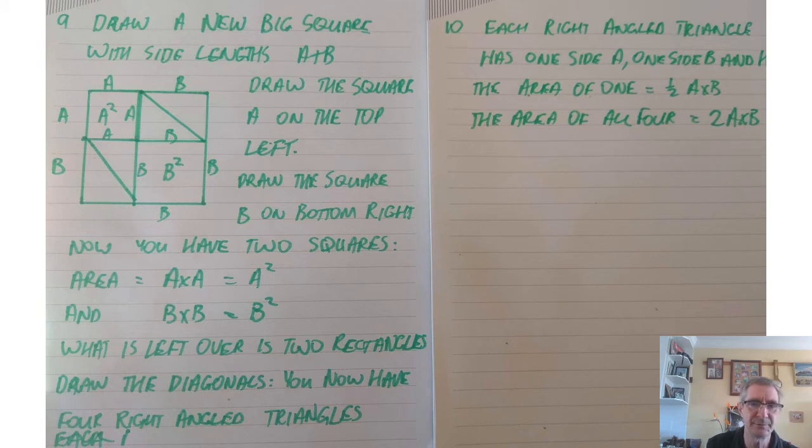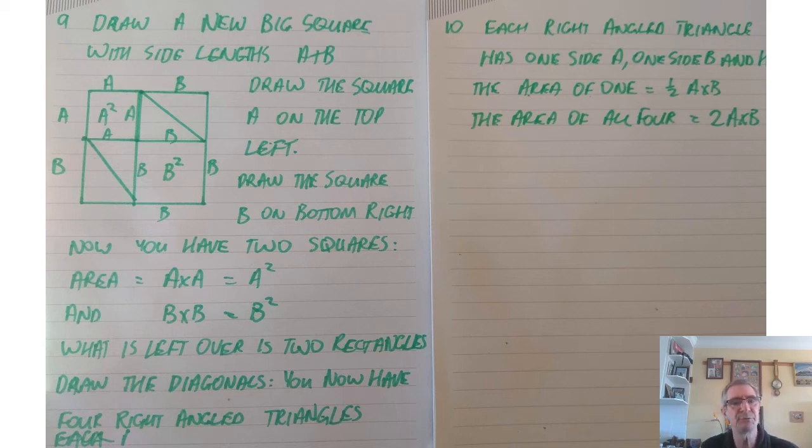And you can see as we draw those, we've got four triangles now. That side length is A, there's a right angle, that side length is B. That side length is A, that side length is B, there's a right angle. Okay, so now we can see we've got four right angle triangles.